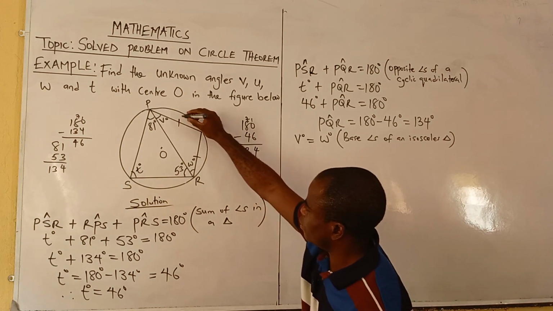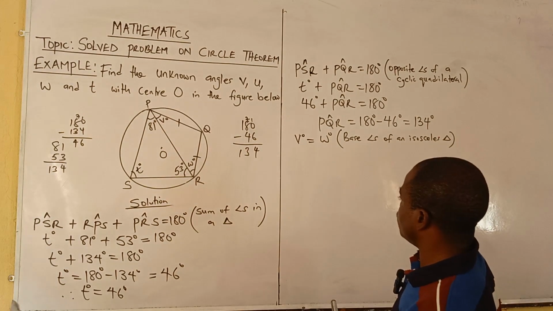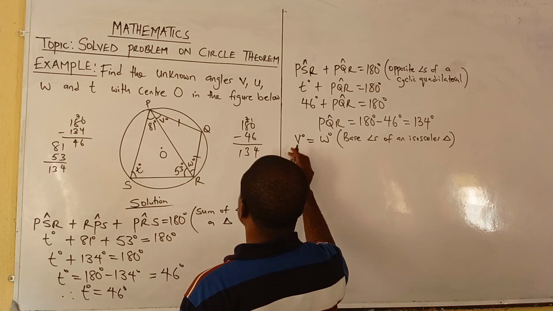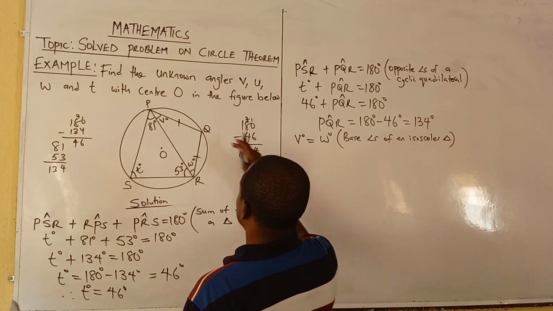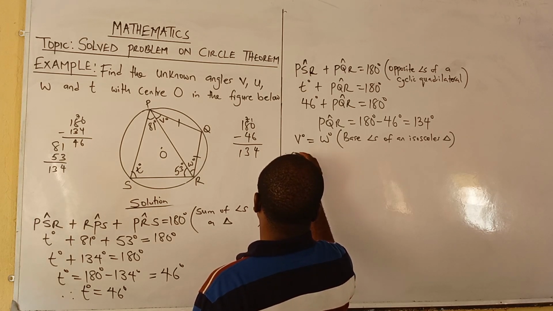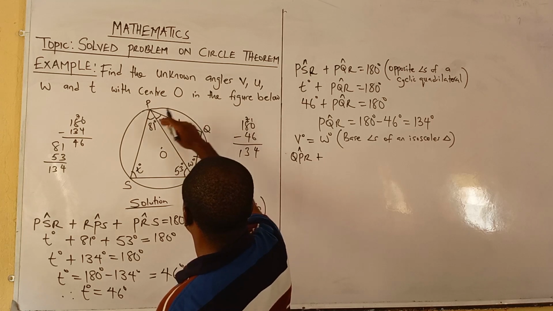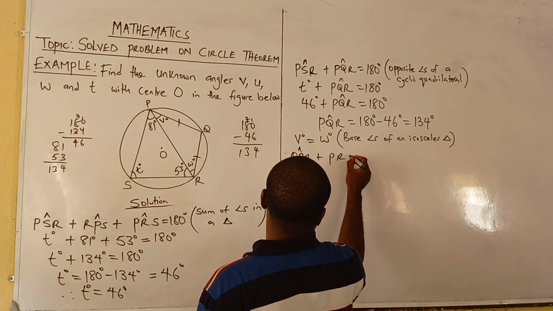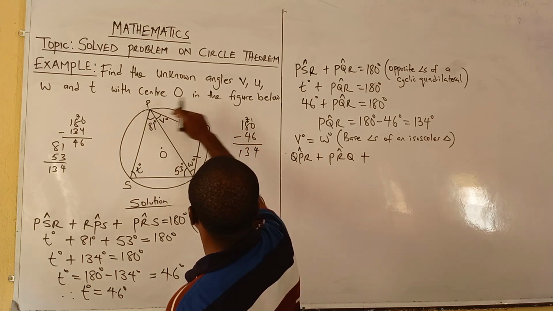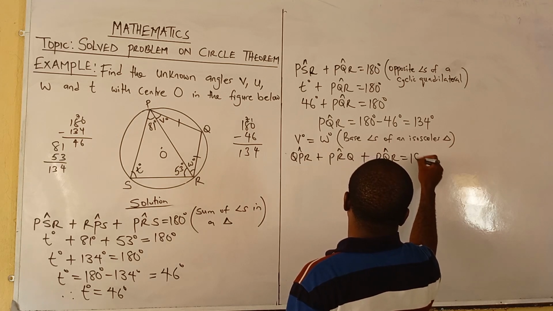You can see the crossing lines that show it's an isosceles triangle. Since you have it like that, angle QPR plus angle PRQ plus angle PQR equals 180 degrees.